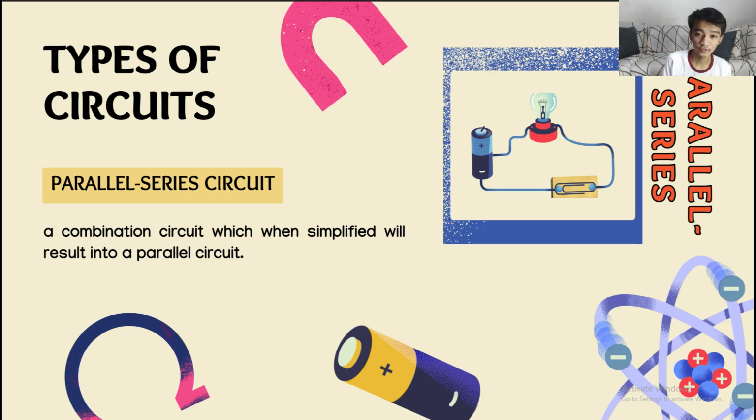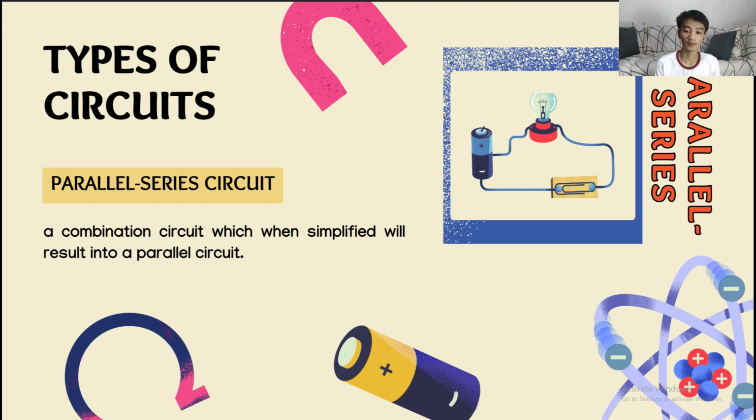For the last part of the video, we'll be discussing the parallel series circuit. Knowing that the series parallel circuit is basically a combination of a series and a parallel circuit, this type of circuit is a combination which, when simplified, the resulting circuit shows a simple parallel circuit.